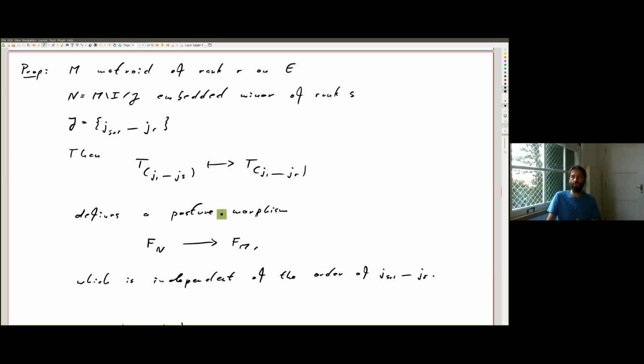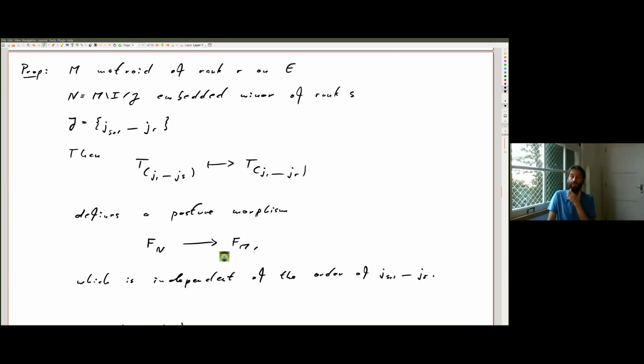And this restricts to a morphism between the foundations, these subpastures, F_N to F_M. And as a morphism of foundations, it's independent of the order of the J's, because the multi-degree assures that any possible sign change cancels out. If we reorder elements, the worst thing that we could arrive at is a sign change, but in fact, it doesn't happen.